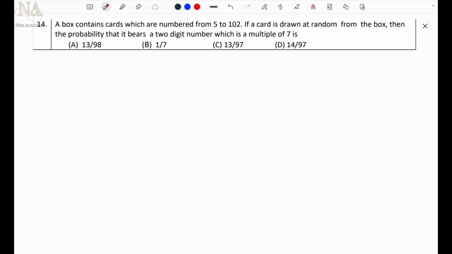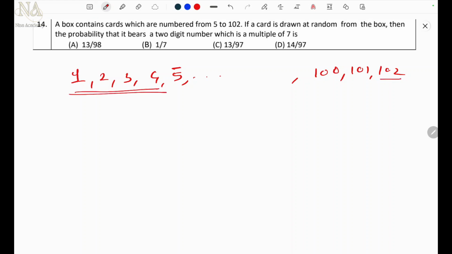But no. Now just imagine there are numbers from 1, 2, 3, 4, 5 onwards till 100, okay, then 101 and 102. Just imagine there are numbers from 1 to 100, 101, 102. So you are considering from 5 to 102, right? So obviously you won't take these 4.